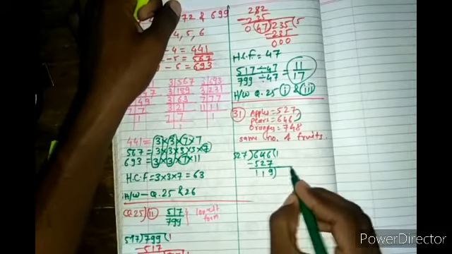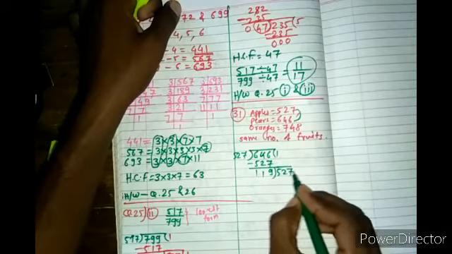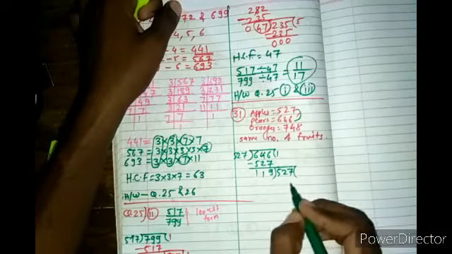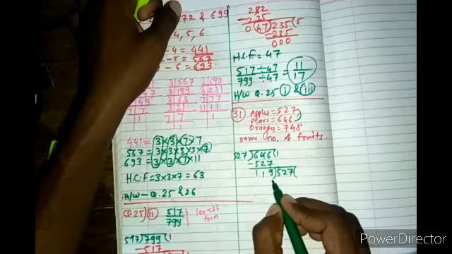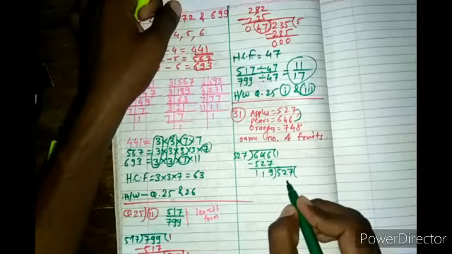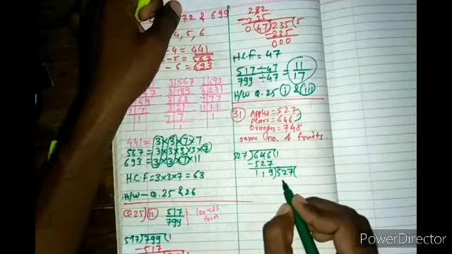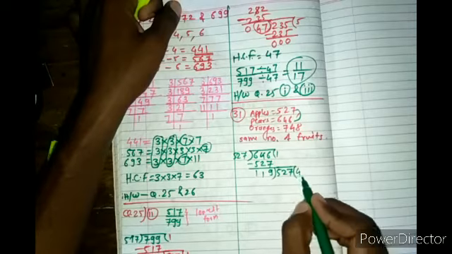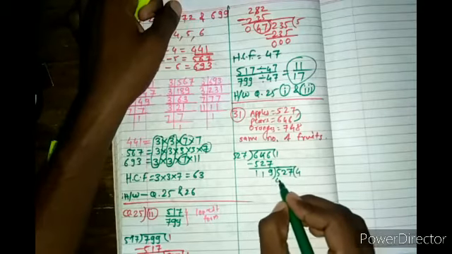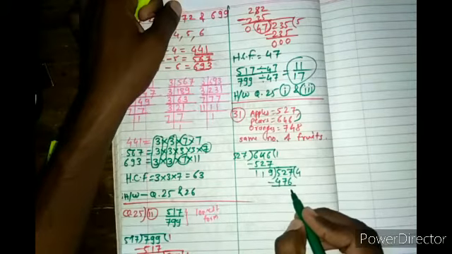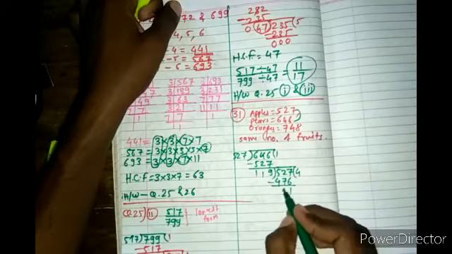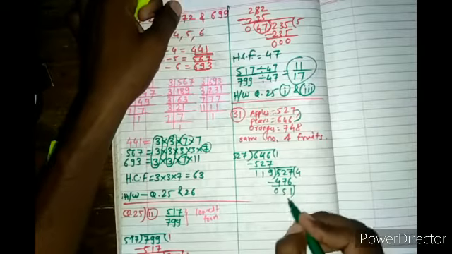Again I am dividing 527 by 119. 119 fours are 476, because 100 fours are 400. So 527 minus 476 gives 51.